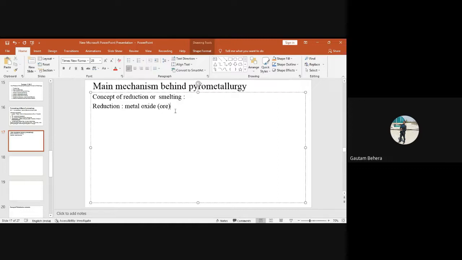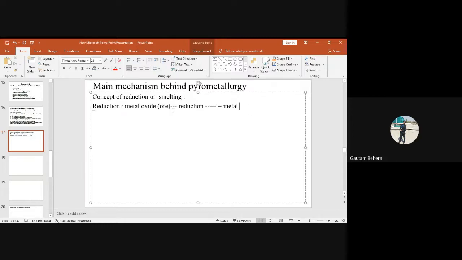So metal oxide, we do reduction on it. It will give us metal. Right. So metal oxide to metal. This is reduction.